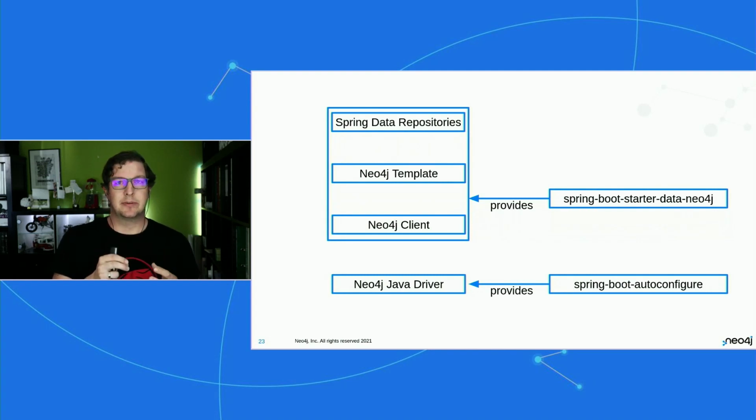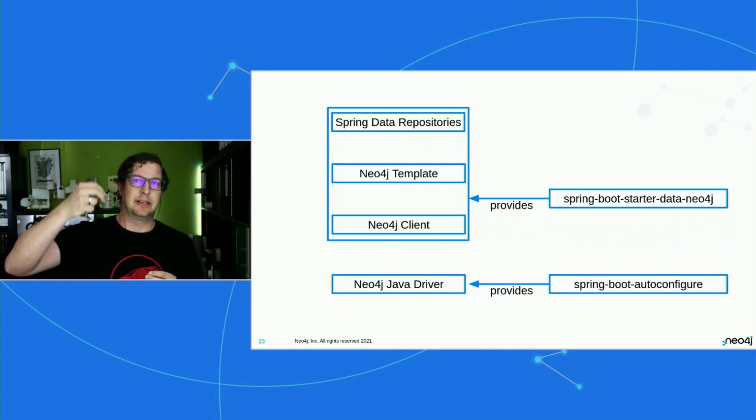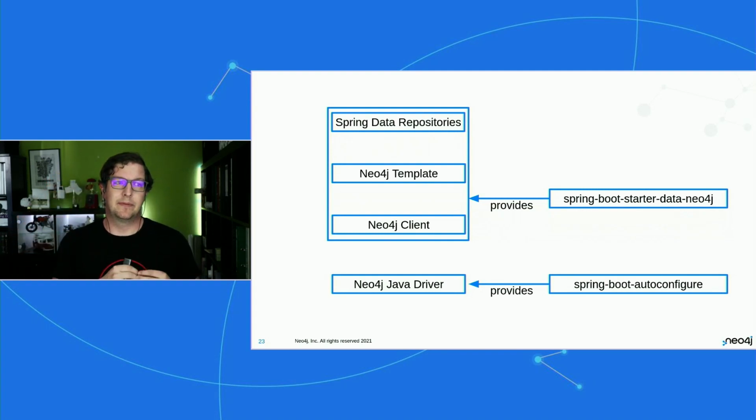And the repositories abstract yet another time to provide derived finder methods or pre-configured CRUD methods to work with objects and get them stored as nodes in the graph with all their relationships, of course. And we think it's sensible to have all those abstractions and provide them to you.